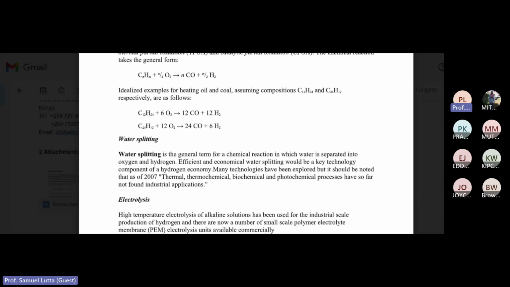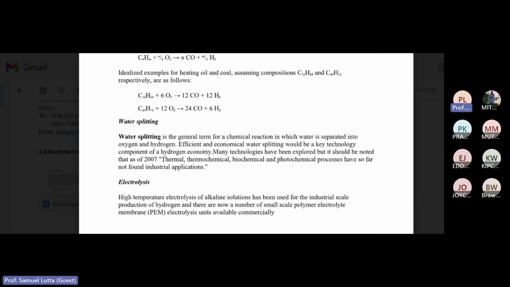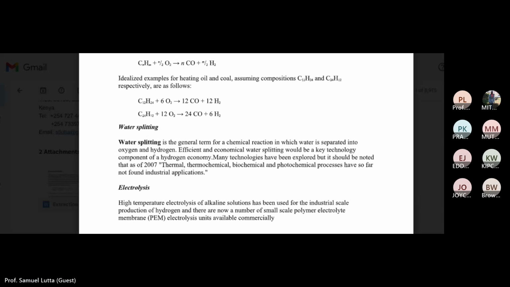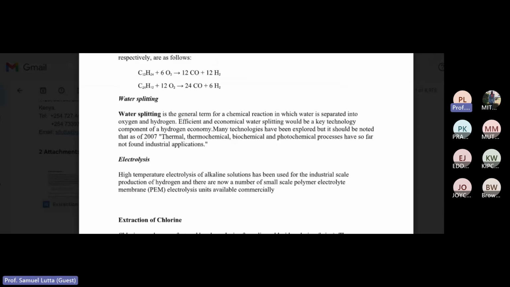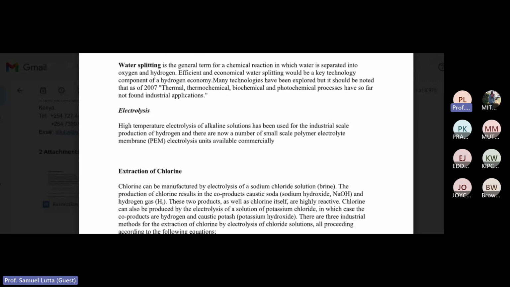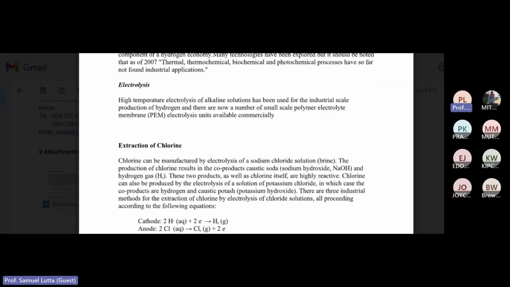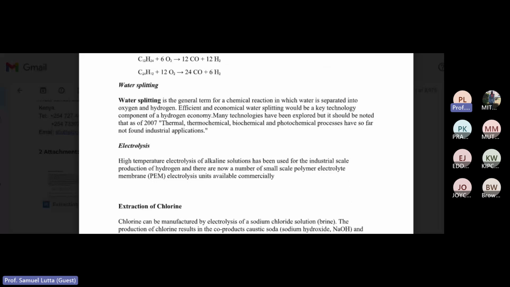Partial oxidation means oxidation does not go to completion. There are some reactions given here. When you oxidize this compound, you get carbon monoxide and hydrogen. So that is partial oxidation. And then there are some reactions which are done by use of electrolysis.